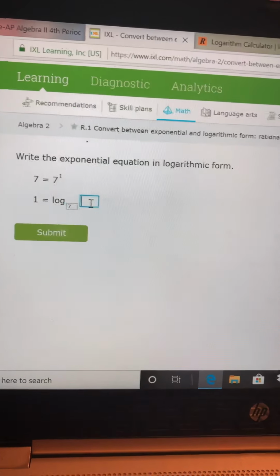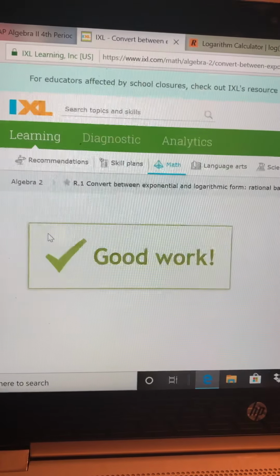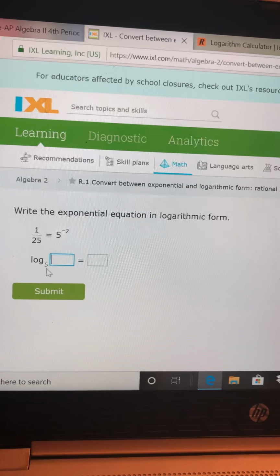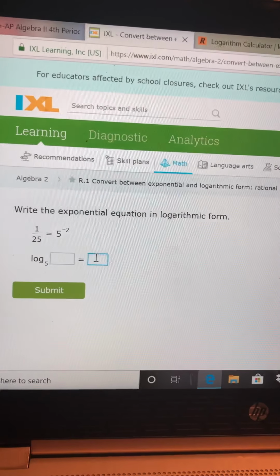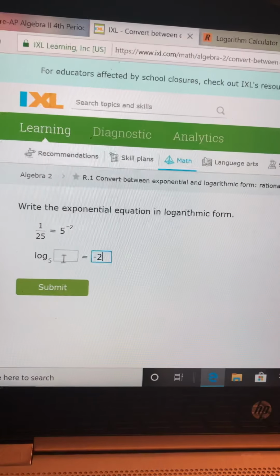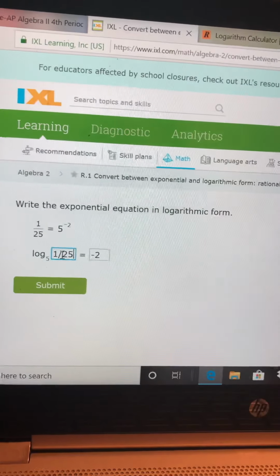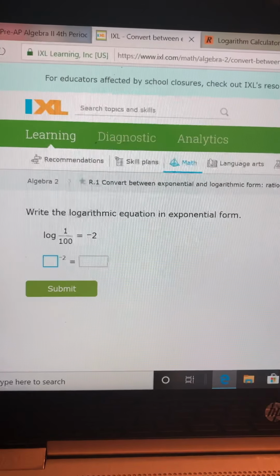Because that means 7 to the first power equals 7 is the same thing. So this one, log base 5 of 1/25 equals -2. The exponent goes across the equal sign. So 1/25 will go here. I don't know if it'll let me type it in that way or not. We'll try it. Yep. All right, let's look at another section.